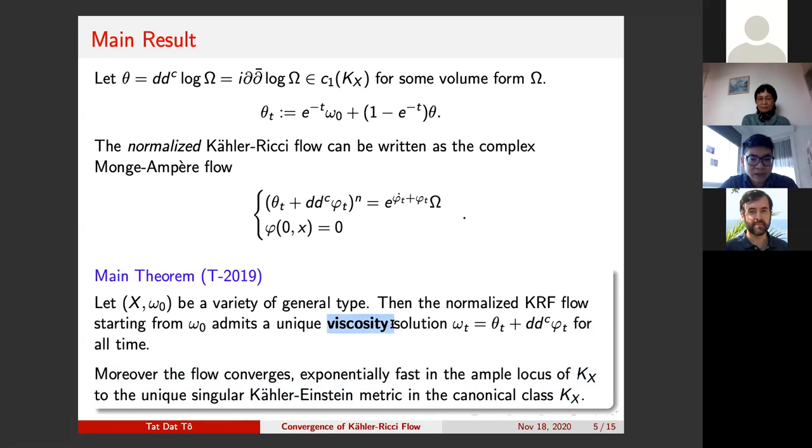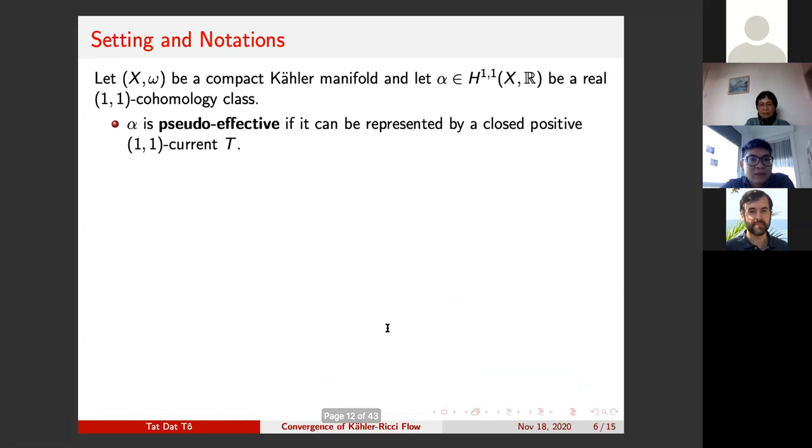I mean viscosity sense. Okay. So please give a definition. I don't know what viscosity means. Of course, I will mention the viscosity in the next slides. But here I would like to emphasize that viscosity means weak sense. Okay. And now we start with some setting before the viscosity approach.